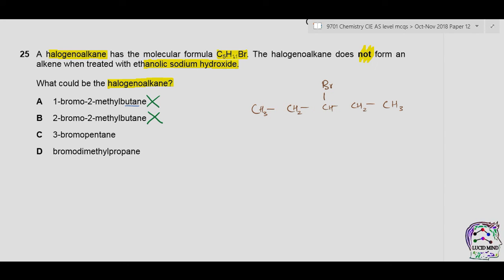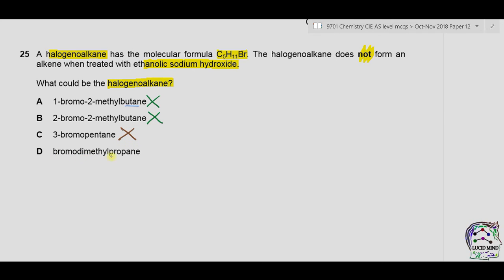Again the molecular formula is same, C5H11Br, and elimination can occur. Bromine will be removed from this carbon and hydrogen can be removed from this adjacent carbon or this adjacent carbon to make a double bond on either side. So C is also wrong.